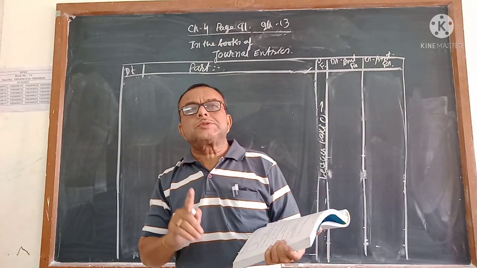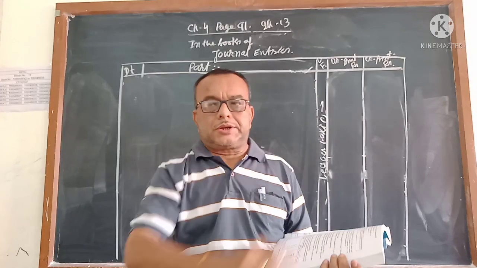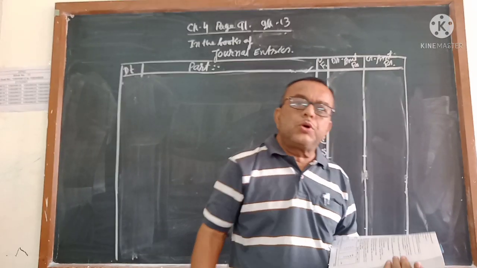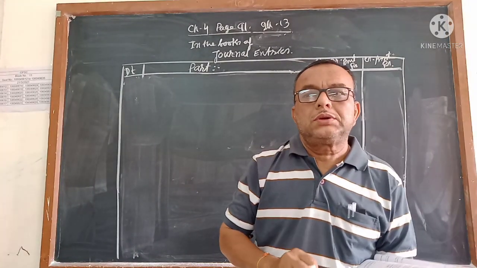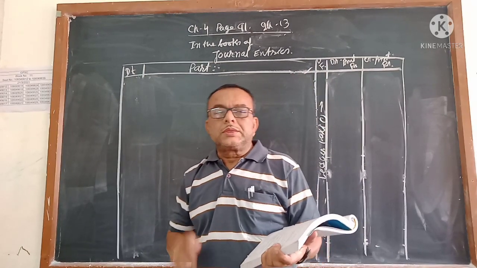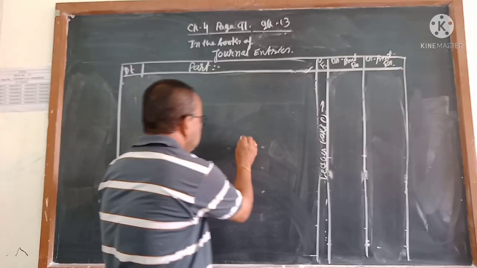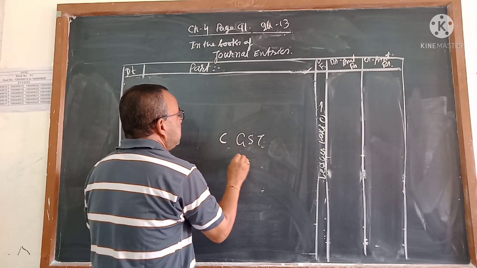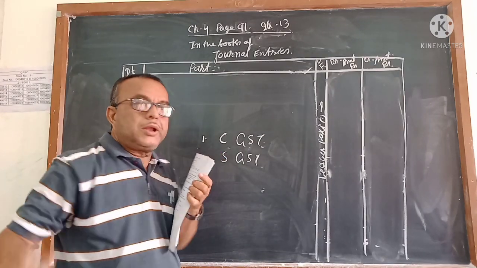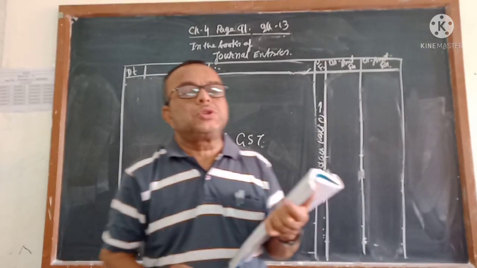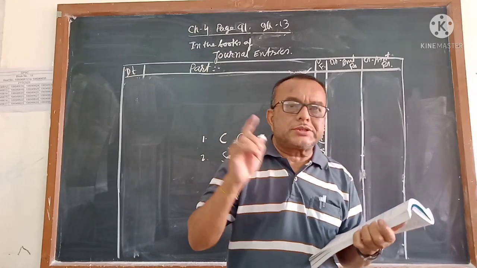When a transaction takes place within a state, meaning the buyer and seller are both in the same state, it may be both in Gujarat, or both in West Bengal, or both in Punjab, or somewhere else, either in a state or in a union territory, then two types of GST will be applicable: one will be central GST and one will be state GST.